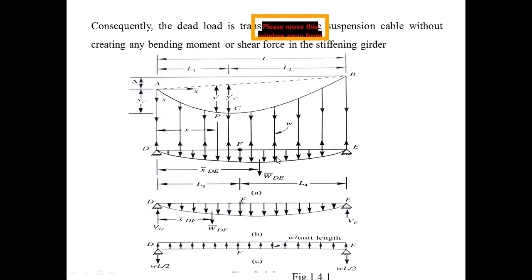When any vehicle is passing over the girder, the dead load of the girder will be distributed upward. See here, the upward arrows. That is load transferred to the cable through a uniformly distributed load. This is shown in figure C, where the upward direction load indication is a uniformly distributed load, which will be seen in our problem.